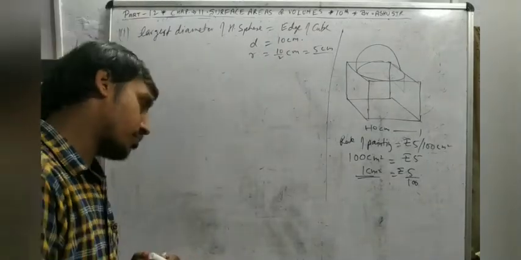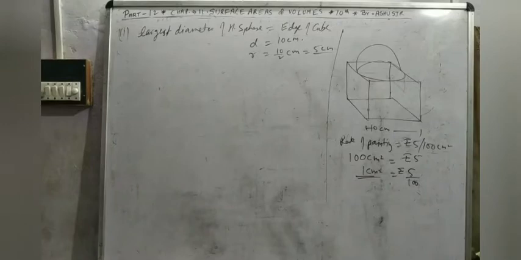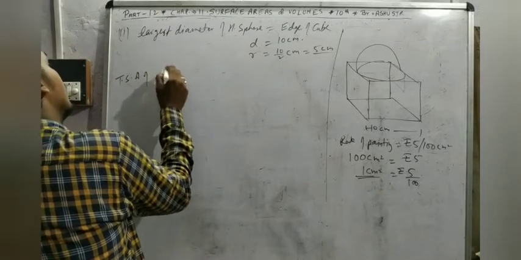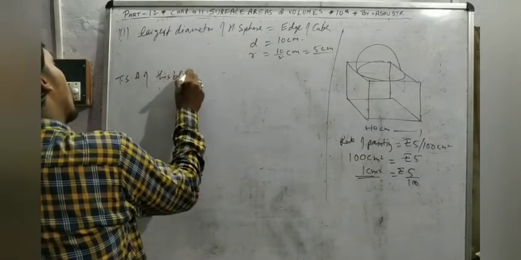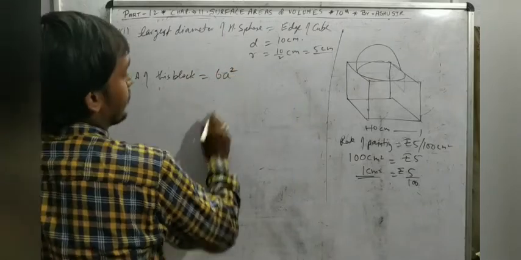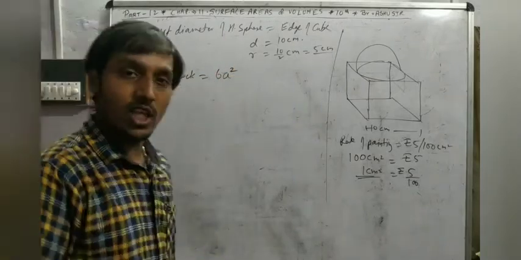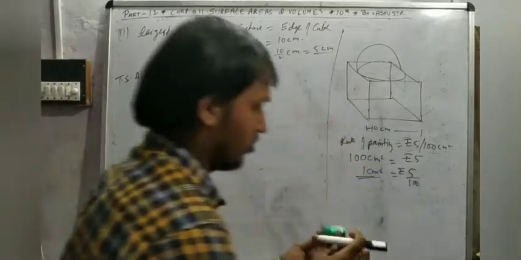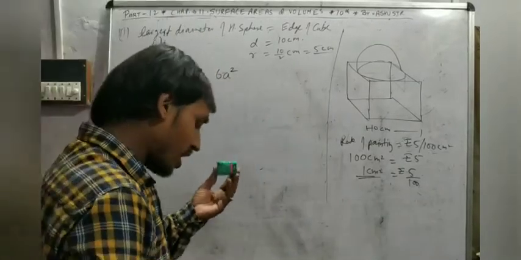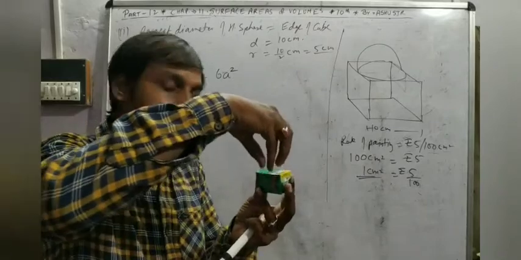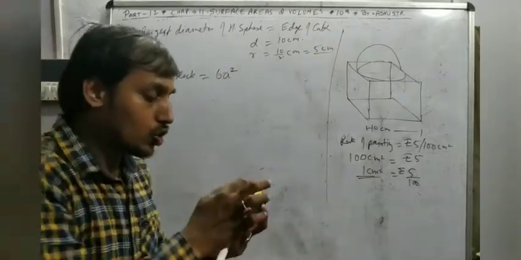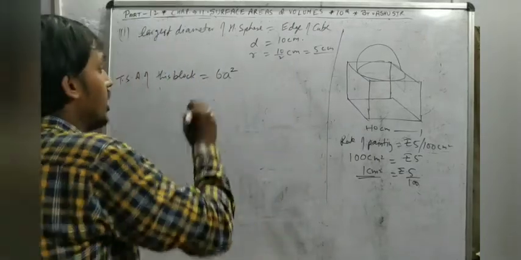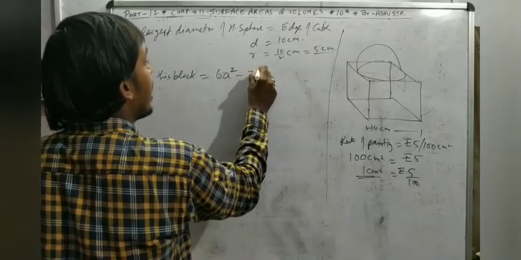Where the cube is painted, the total surface area of this block is 6a square. If I say all surfaces of the cube are included, but where the hemisphere is pasted, the circular part is pasted, means in 6a square minus pi r square.